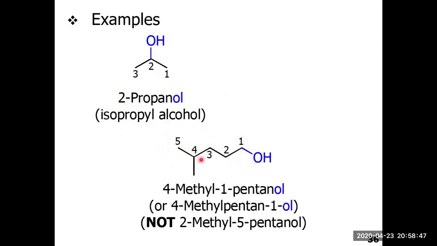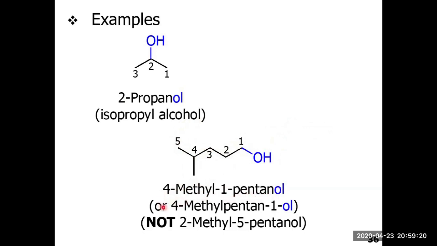The 5 carbon alkane is pentane, but since this is an alcohol, we drop the E and it becomes pentanol, or 1-pentanol, to indicate that the hydroxyl group is attached to carbon 1 of the parent chain. Do not forget that at carbon 4 you have a methyl substituent.